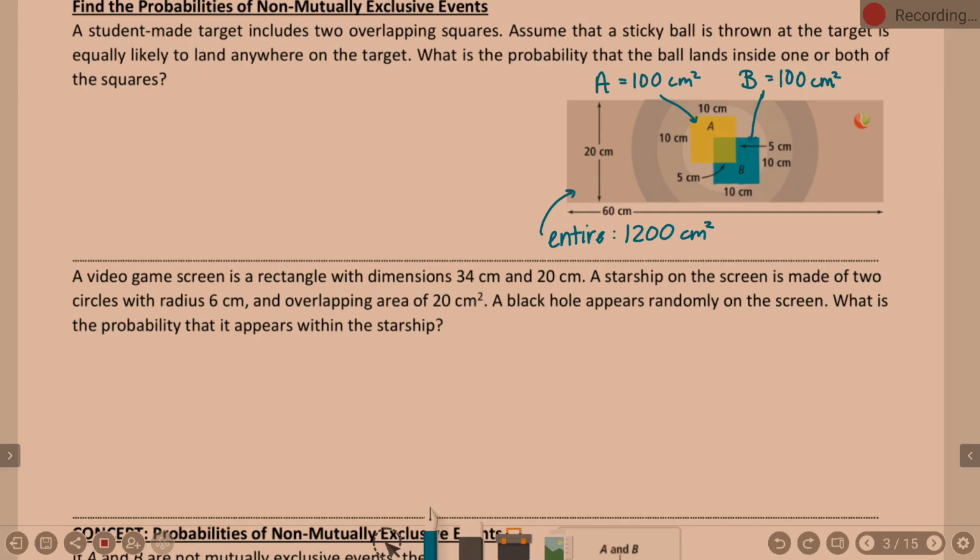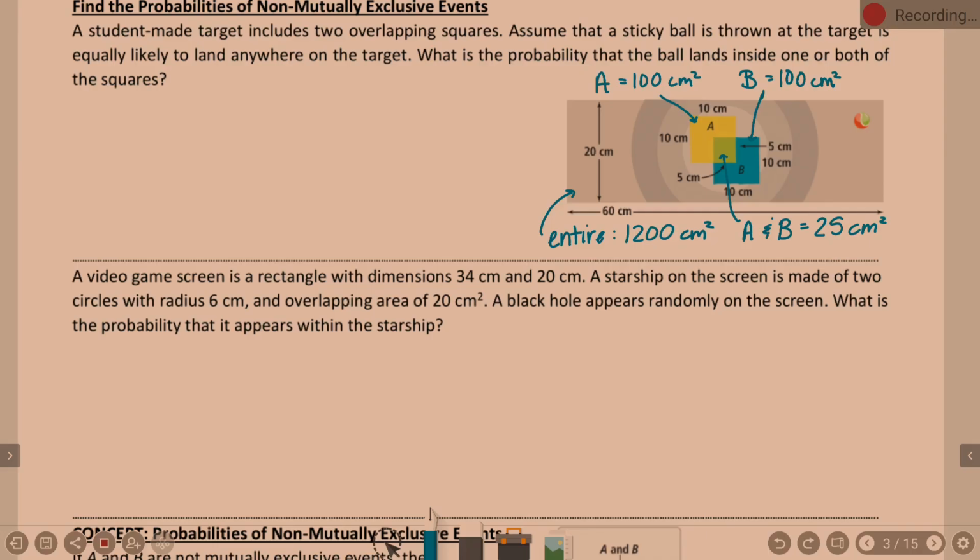What's the other piece we have to talk about? That little overlapping square. What about the overlapping area of A and B? It's showing as a 5 by 5. So that piece right there in the middle of 5 by 5 is going to be a 25 square centimeter piece.